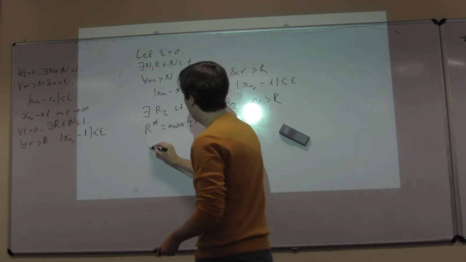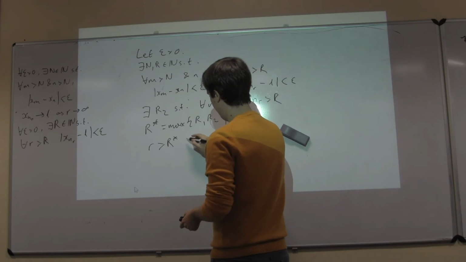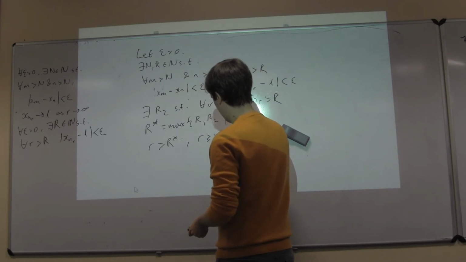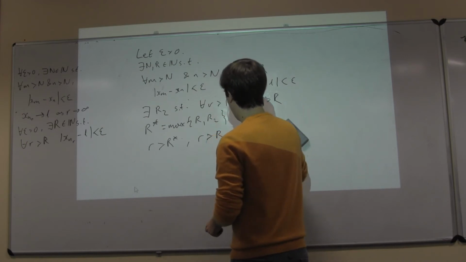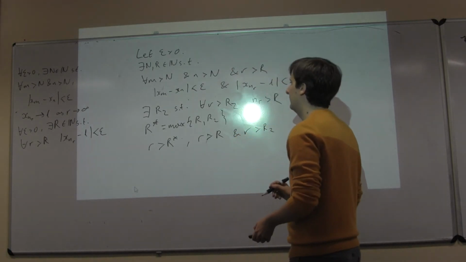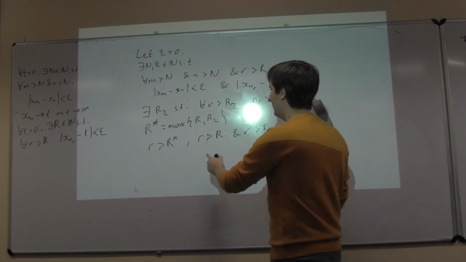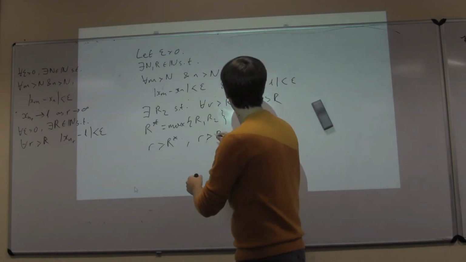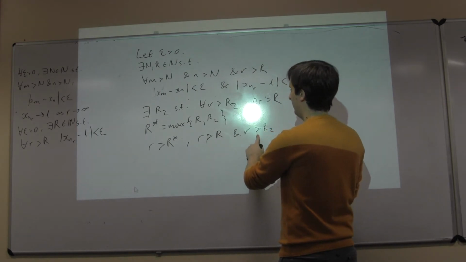Okay, then if r is bigger than r star, then we know that r is strictly bigger than R, and r is bigger than r2. Okay, this is what we need, sorry. So for r bigger than r star, r is bigger than R and r is bigger than r2.